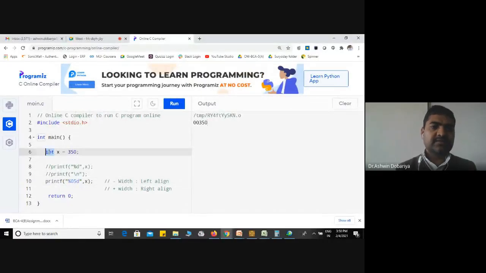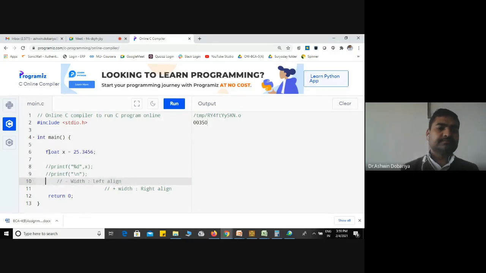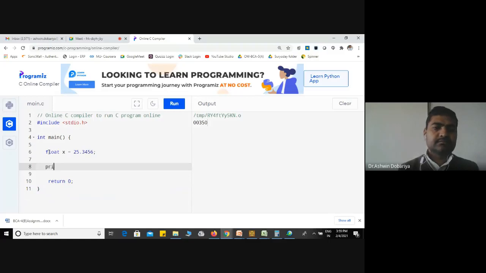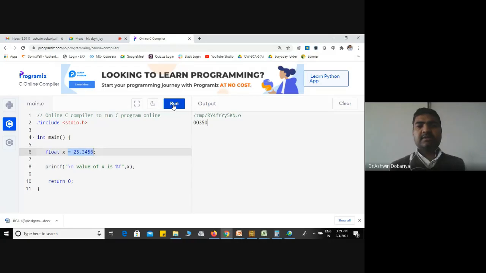Suppose there is a float x, and I assign 25.3456, and then printf value of x is %f, comma x. So whatever data is stored over here, it will display as it is.